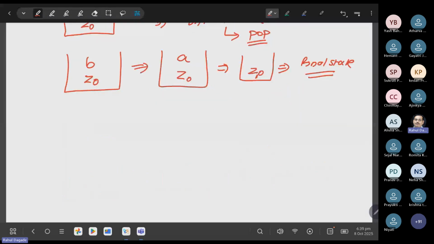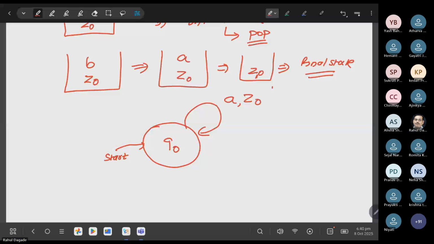So now let us design this PDA. So we have now Q0 state, so start it. When I see A as an input and Z0 on stack, that is empty stack, then I'll push it. When I see B as an input and Z0 on stack, then also push it.